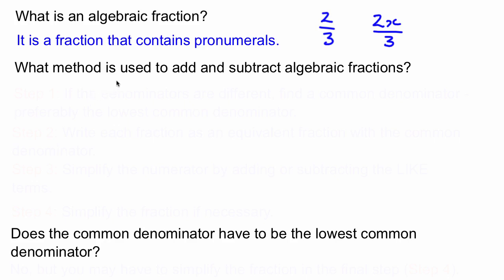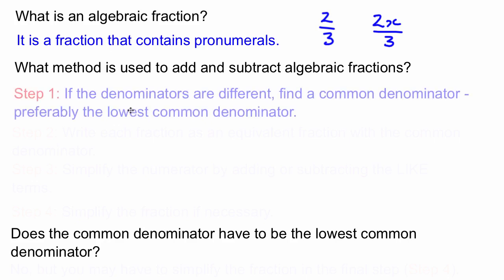So what method do we use to add and subtract algebraic fractions? There are a number of steps, and you'll understand these more as we do the examples. However, the first step is to look at the denominators, that's the number underneath the fraction, and if it needs a common denominator because they're different, we have to create two fractions with the same denominator.